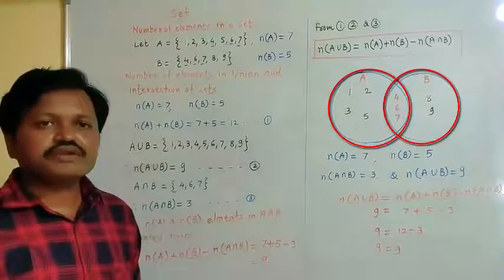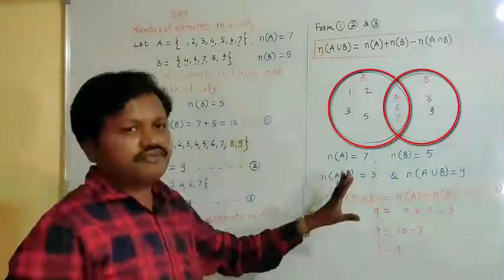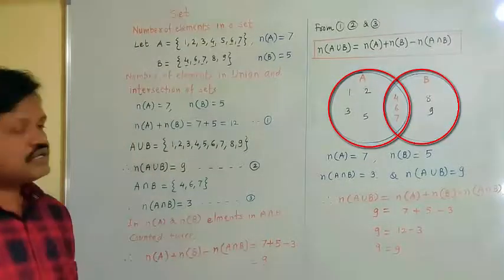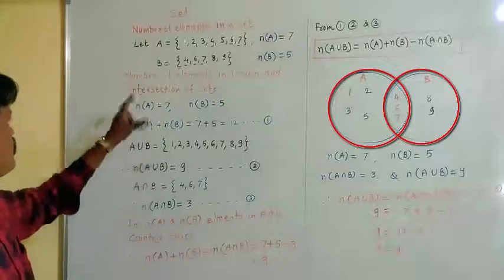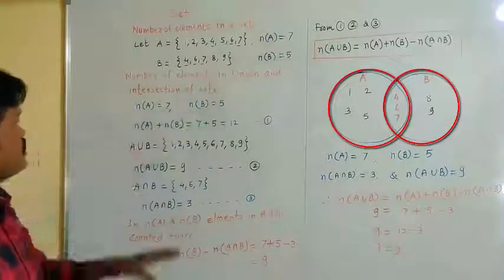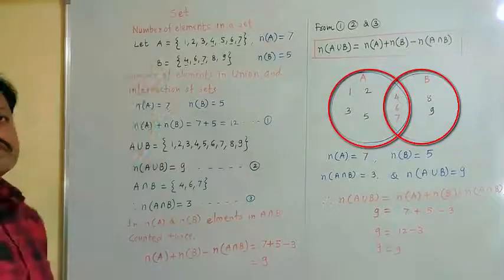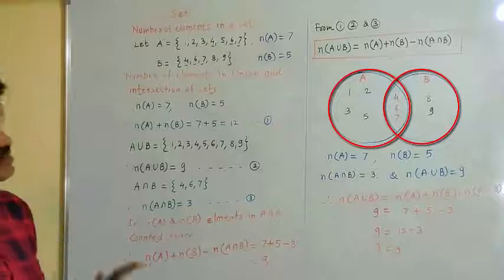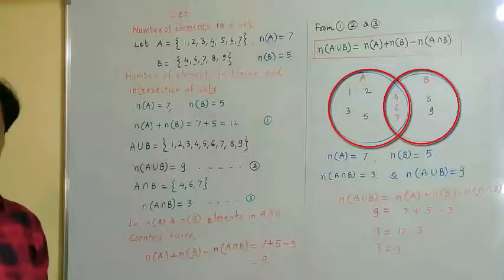So we verify this formula by Venn diagram. So we have seen the number of elements in a set, in a union and in an intersection of sets. Now depending on all these, we see word problems based on sets. But before this, you write all this.